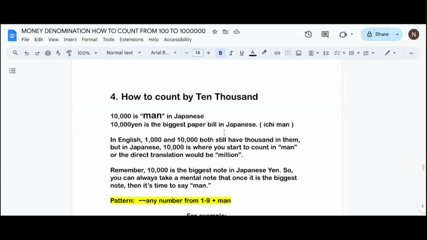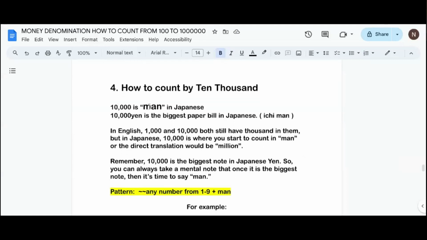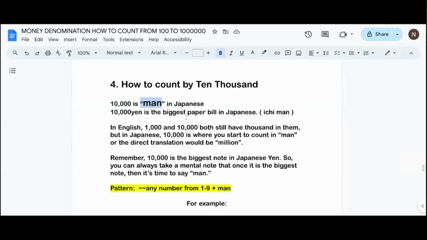Now by thousand. Okay, I like this. The biggest paper bill. Ichiman. Okay, the 10,000. What we call here is man in Japanese. 10,000 is man in Japanese, and the 10,000 yen is the biggest paper bill. We call this ichiman. Ichi means one, but the man represents 10,000.